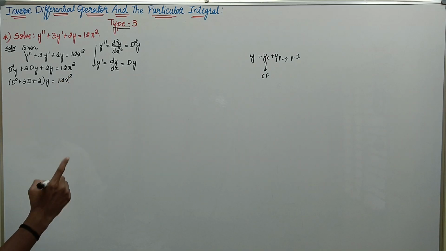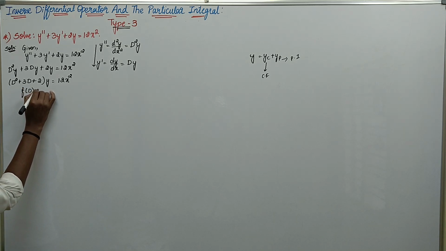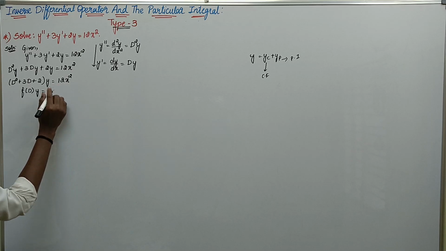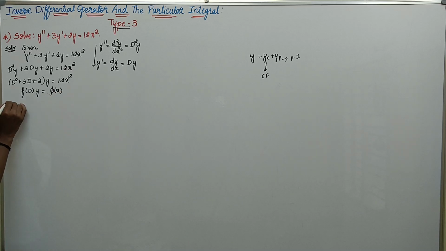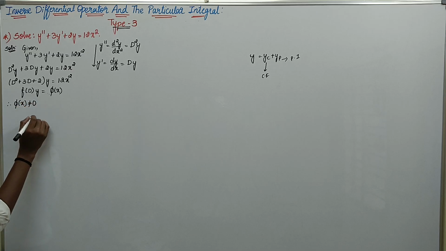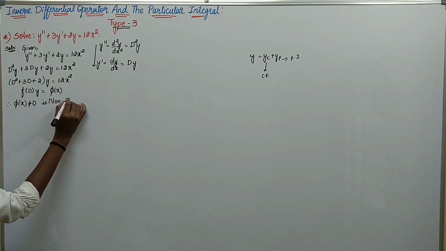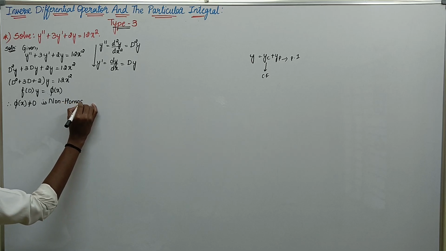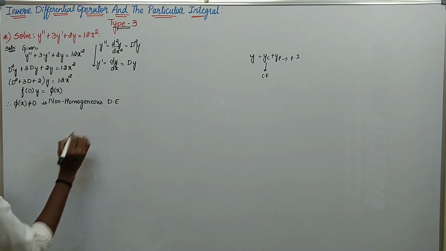Always remember this should be of the form f of d into y equal to phi of x. If phi of x is not equal to 0, then it is a non-homogeneous differential equation.